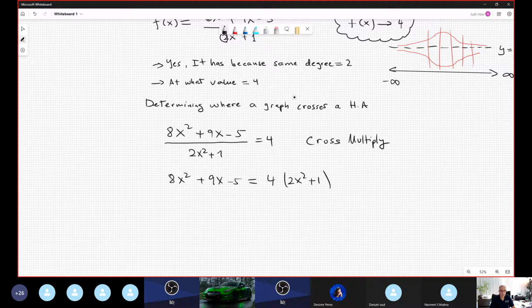You distribute, and you try to solve for x. Wow, I can see that this and this cancel, and only 9x minus 5 equals 4 stays alive.